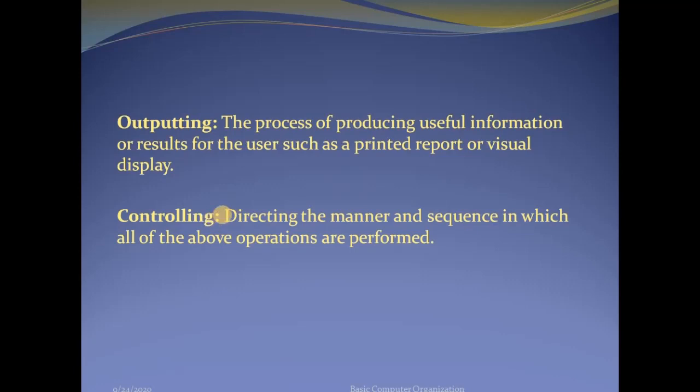It provides directions on when we have to give the input, what device we need to use, how the data has to be transferred from the input unit to the storage unit, and from storage how it will transfer to the processor, and how we get the output, and so on. So for all this we need a manager or a controlling agent, so that we can do the task with ease. Directing the manner and sequence in which all of the above operations are performed, we call controlling.